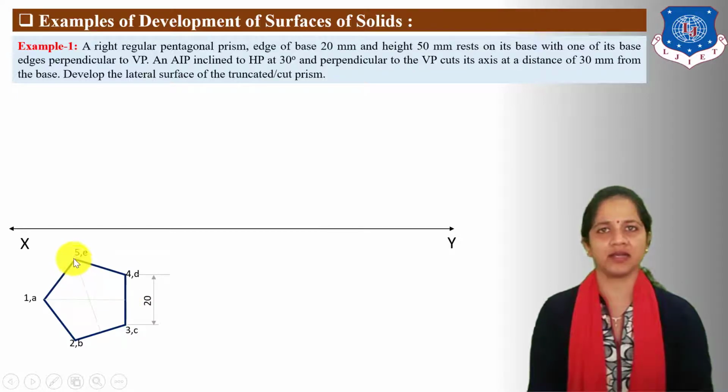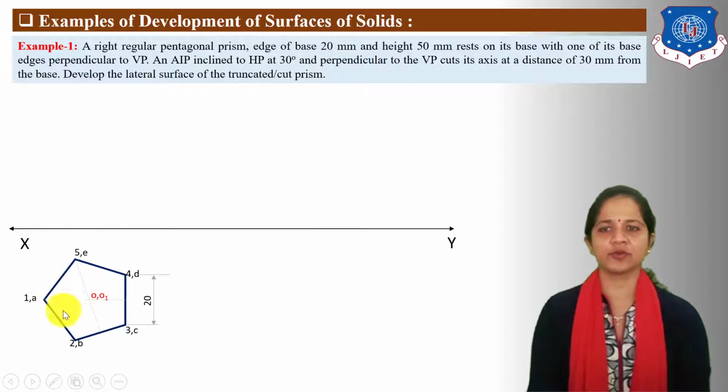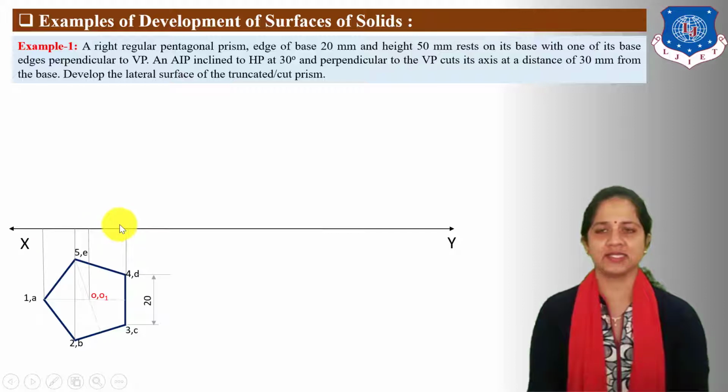Similarly, connect another corner point to its opposite edge middle point. Here, both diagonal lines intersect at one point, and mark here the axis point o, o1. Next, take upward projection for the front view from each and every point of the top view. Here, base points are projected on the XY line because the pentagonal prism rests on HP on its base.